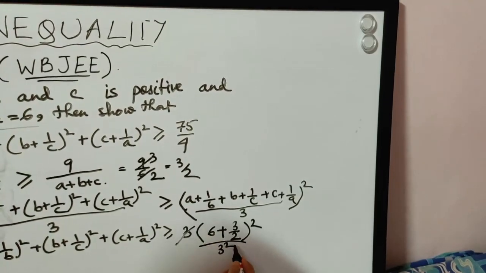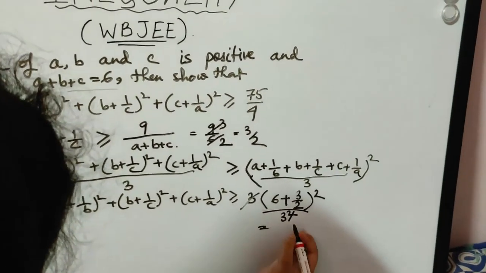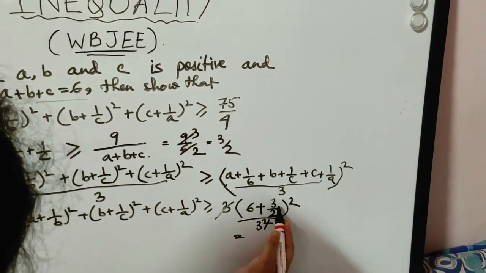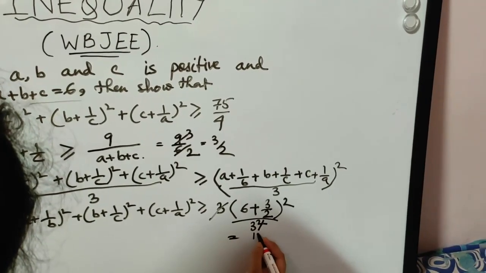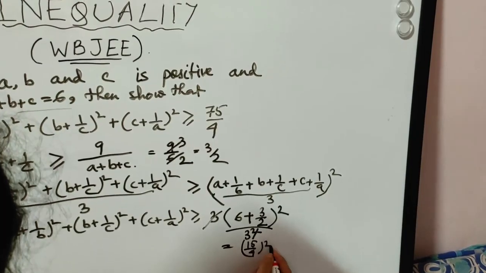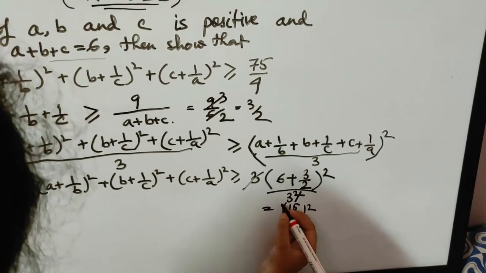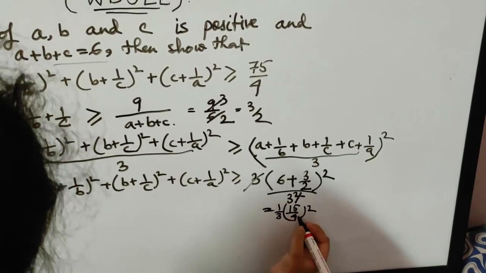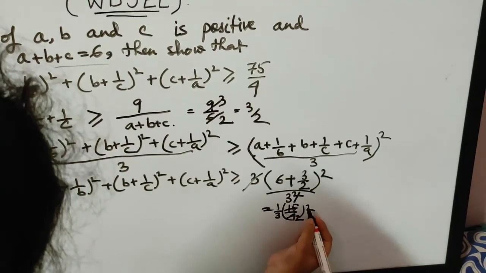So cancelling this, we have (6 plus 3 by 2), that is 15 by 4 whole square, into 1 by 3.